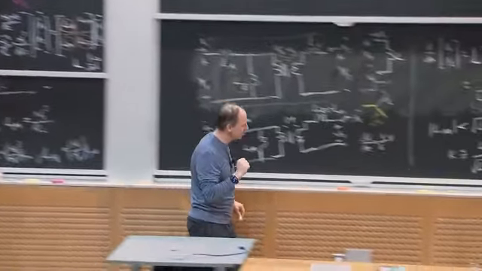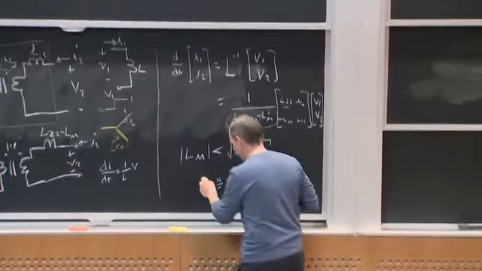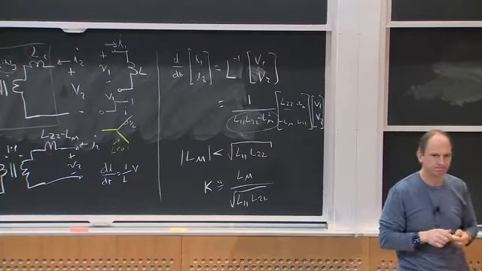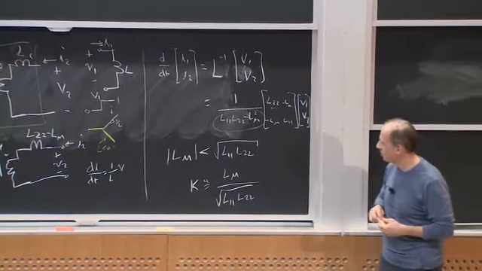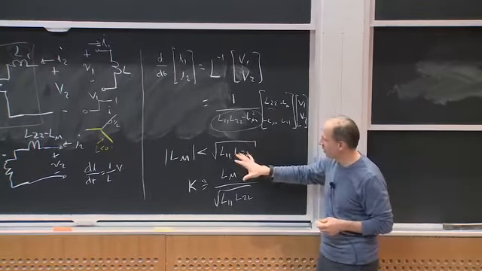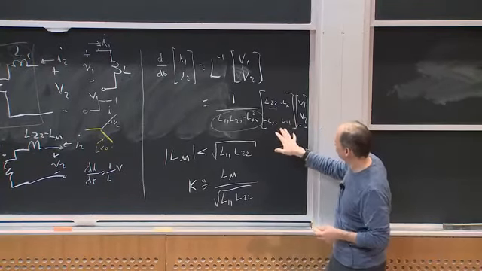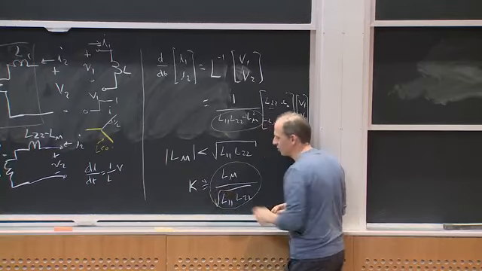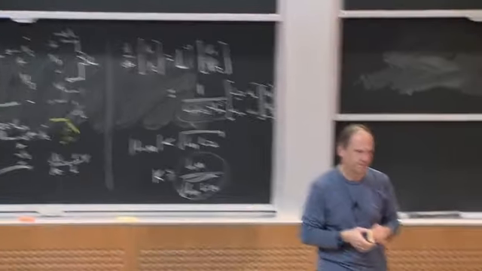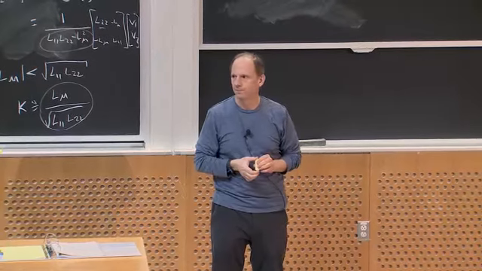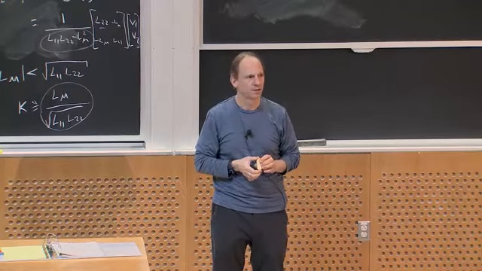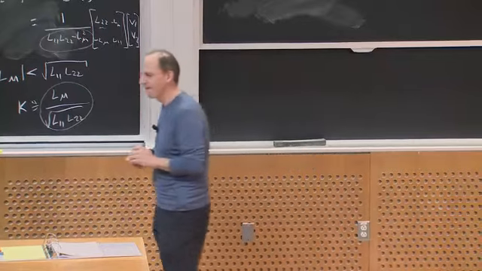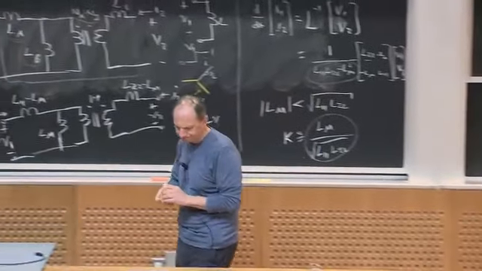So K is sometimes used to say, in some sense, how much leakage is in the transformer. But more broadly, what we can say is, yes, I've got 3 parameters, L11, L22, and Lm, but there are some limits on what you can get in terms of the relationships in the real world. Any questions about that? Okay.